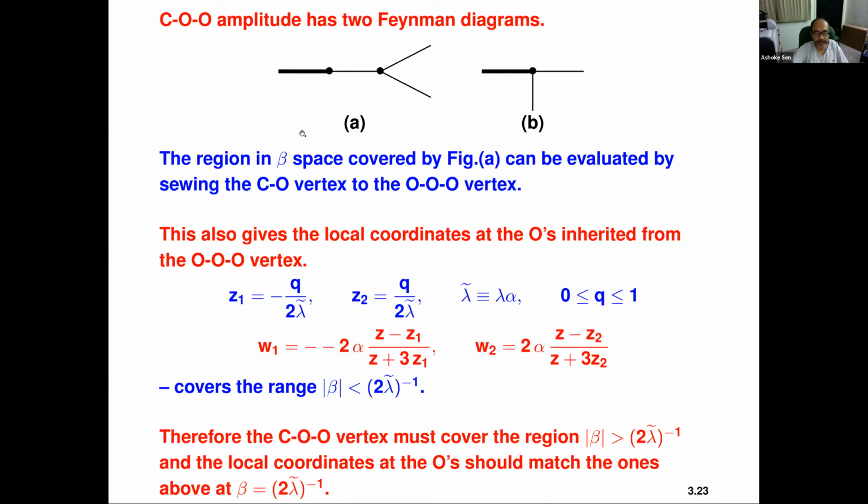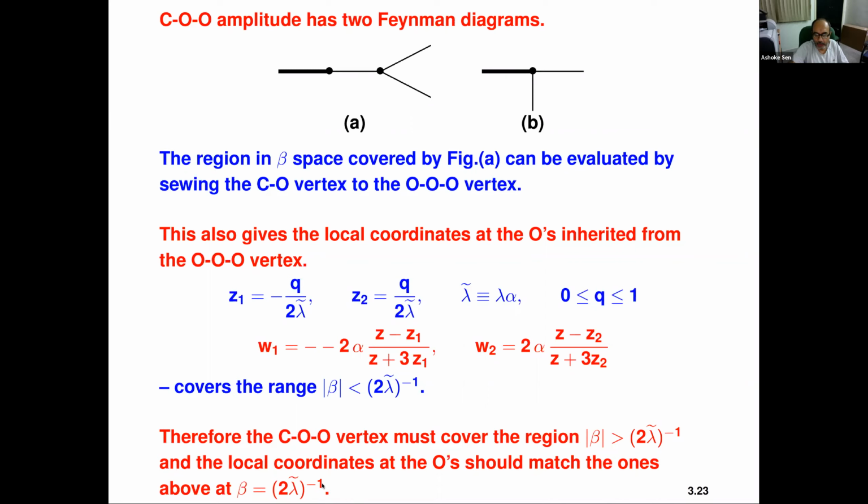So this diagram then covers the range where mod beta is less than 2 lambda tilde inverse. Because you see that when Q is 1, the punctures are located at minus 1 over 2 lambda tilde and plus 1 over 2 lambda tilde. So this range is covered by this diagram. So this vortex will have to cover the other range, mod beta larger than 2 lambda tilde inverse.